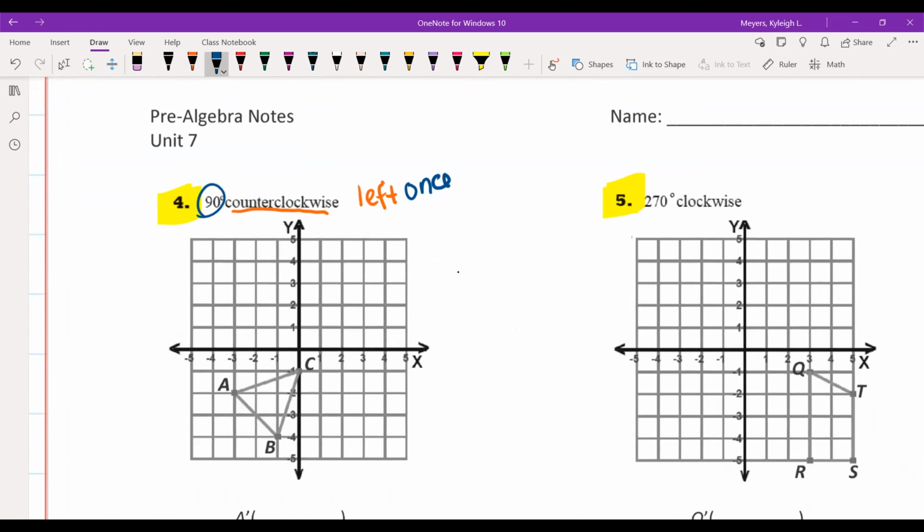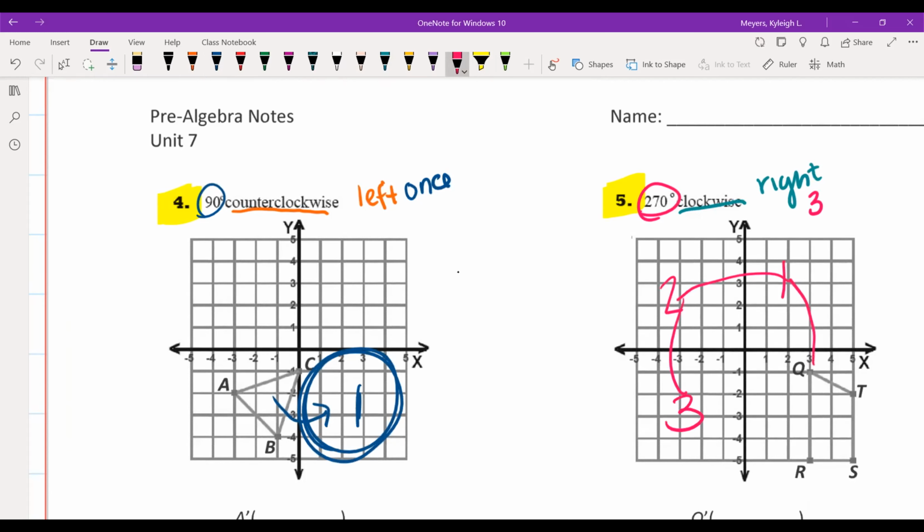So that's left is this way. So it should be in this quadrant. Clockwise means it goes to the right. And here's that 270. So it should go to the right 3 times. So this way, once, twice, 3 times. So it should be down here in this quadrant. Okay, so we'll check those next time I see you in class.